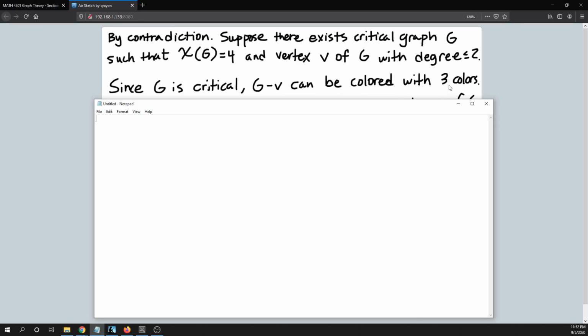That means we can color G minus V with 3 colors, and possibly less, but 3 is all we need.